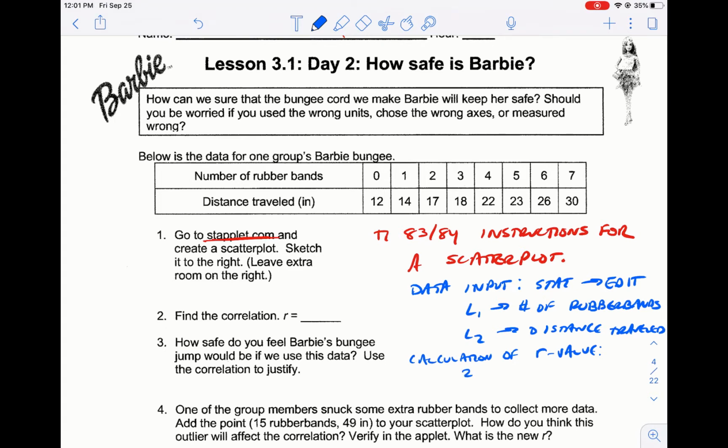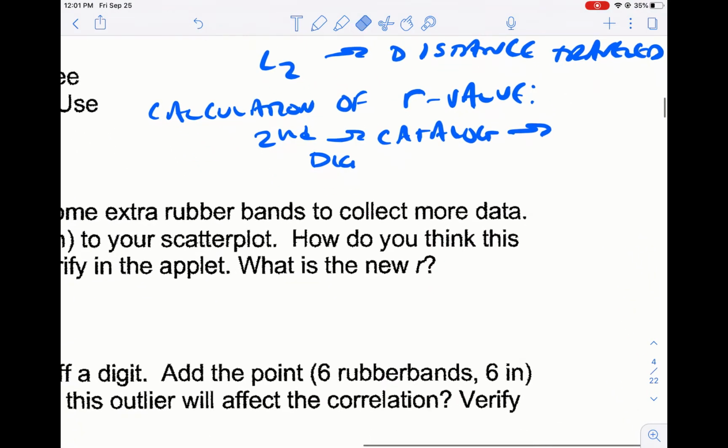So you're going to go second, and you're going to go to catalog. And in your catalog, you're going to find diagnostics. Got to spell diagnostics.